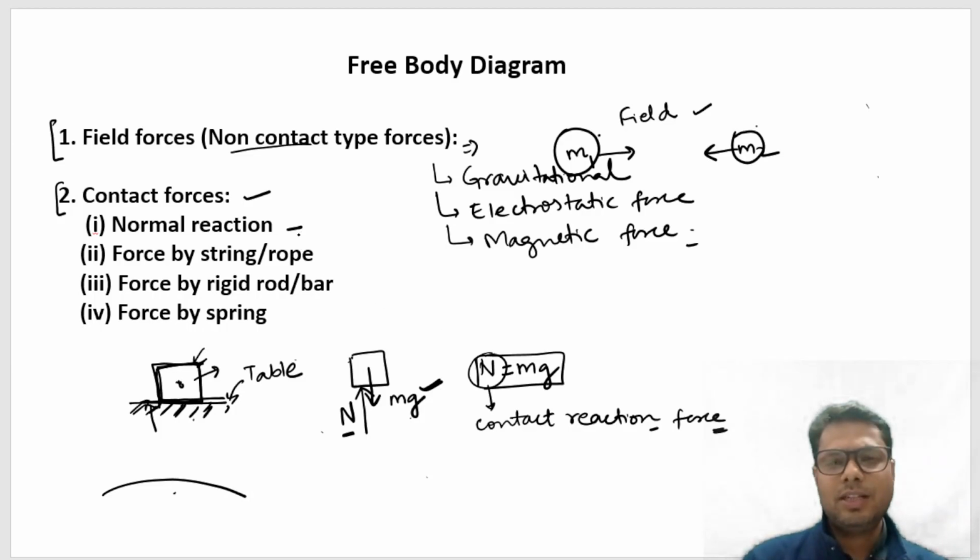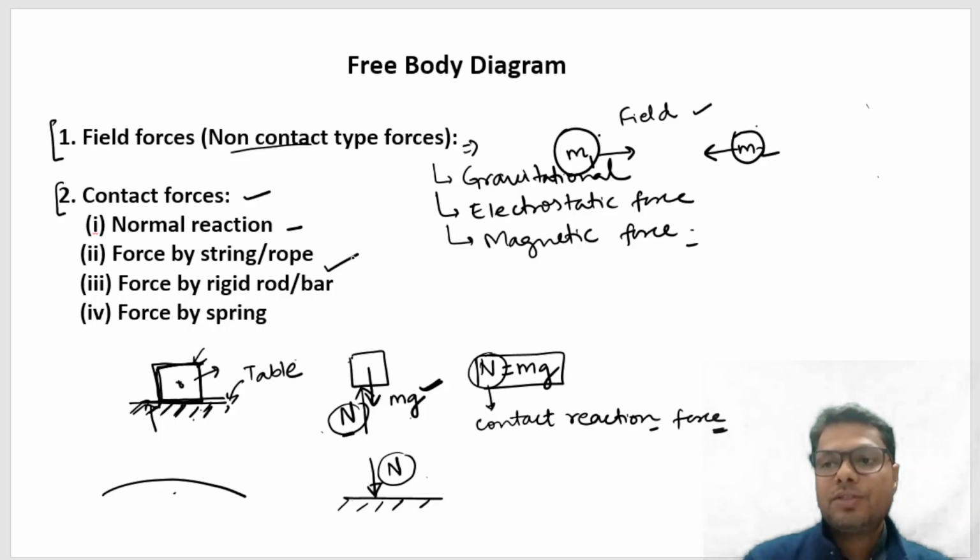For now, just understand that when two bodies are in contact with each other, they push each other. The table is pushing this block, and if we draw the free body diagram of the table, you will see that this block will also push the table. So these forces are called normal reaction.